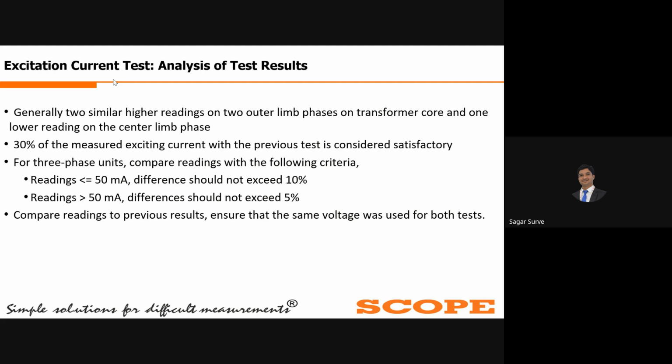Compare results with the previous results and ensure that the same voltage was used in both the tests. Means we have to keep the test conditions, including parameters like voltage, the same for both tests. Whatever parameters we had set for the previous test, similarly we have to set the same parameters for this test also.